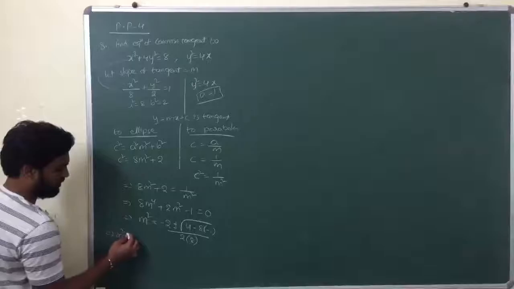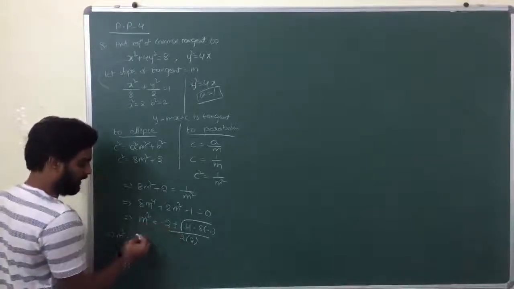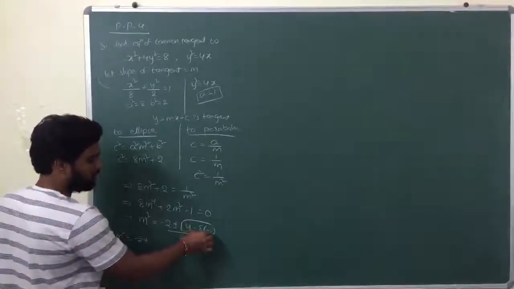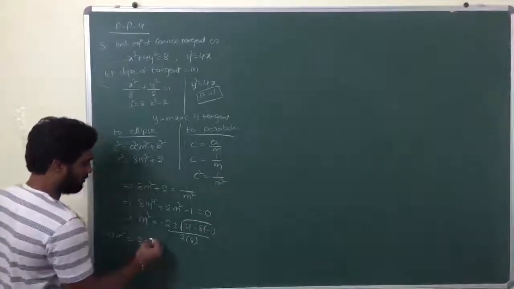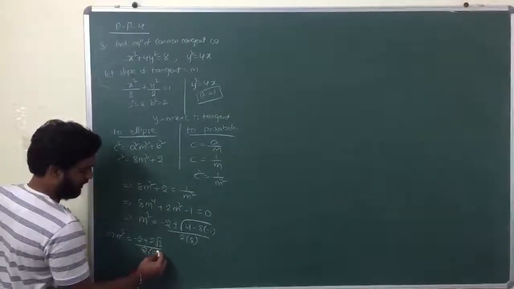So minus is not possible because a perfect square can never be negative. Minus 2 plus, there will not be minus 10. 4 plus 8, 12. What is root 12? Root 4 into 3. 4 comes out, it comes to 3 by 2 into 8.